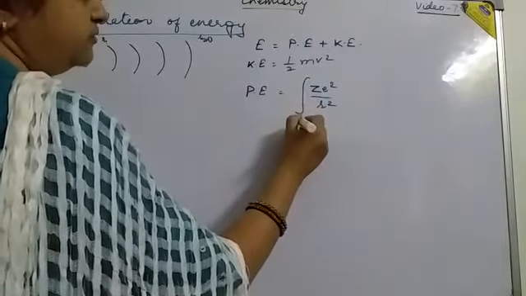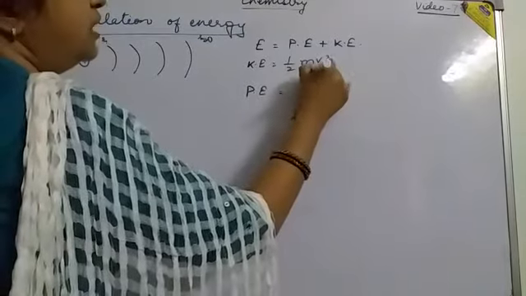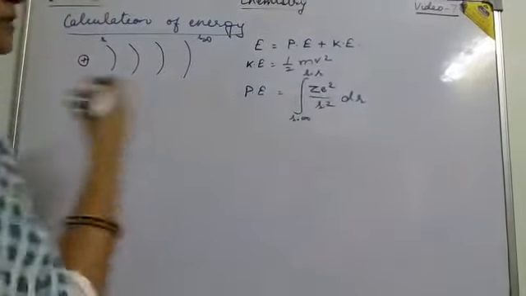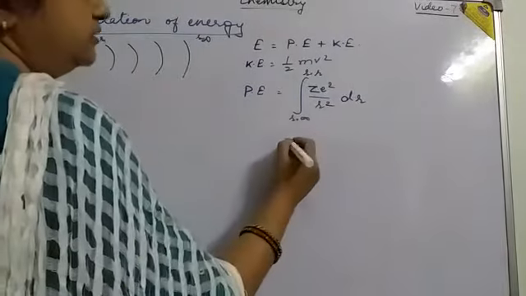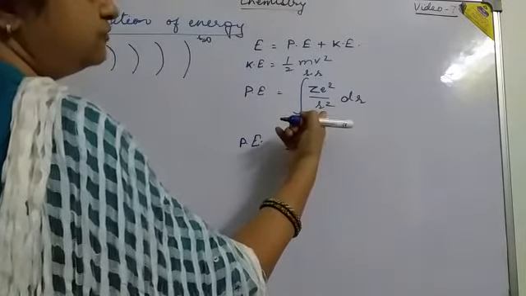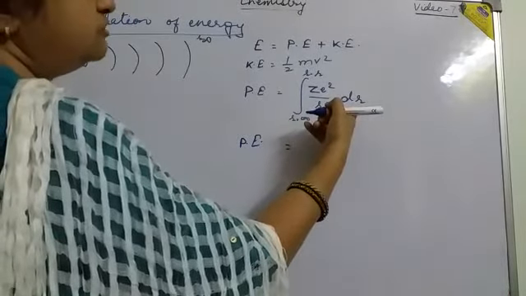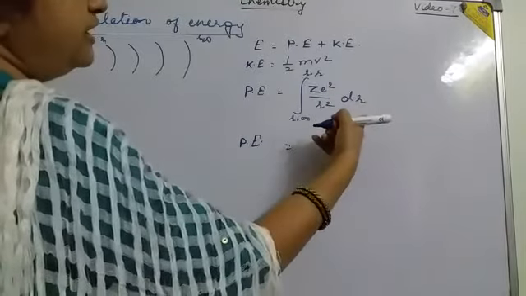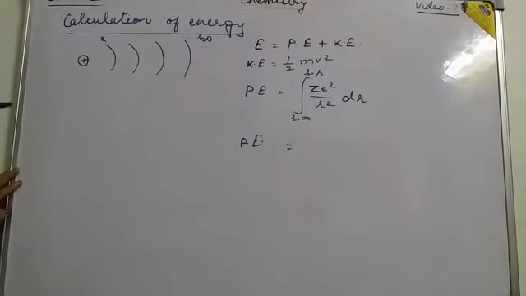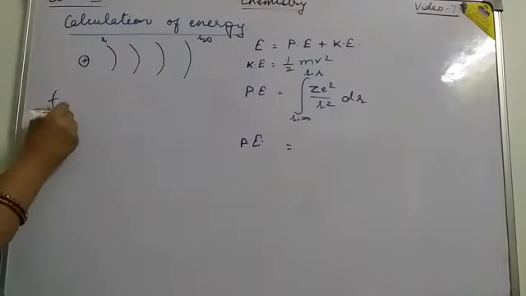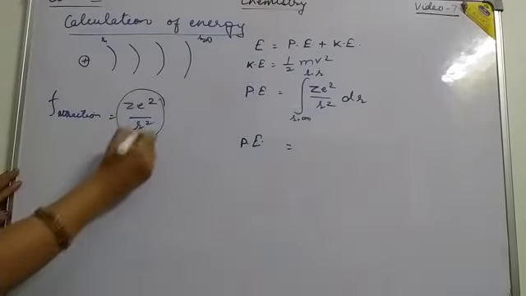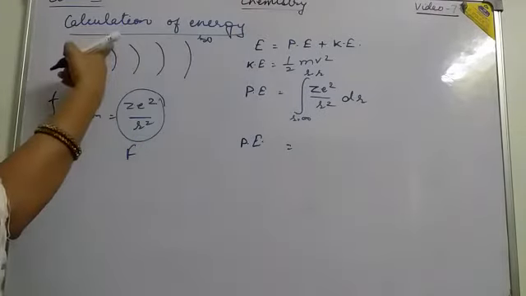By bringing it from R infinity to R, we need to integrate Ze square by R square dr. This is the force of attraction, and force into distance is work done, so this is F into S. Electrostatic force of attraction is equal to Ze square by R square, and the distance is dr.